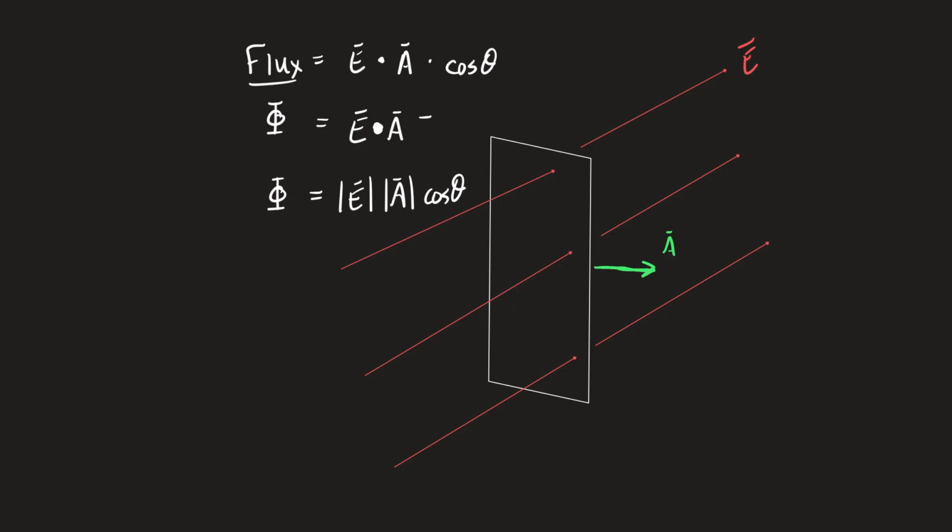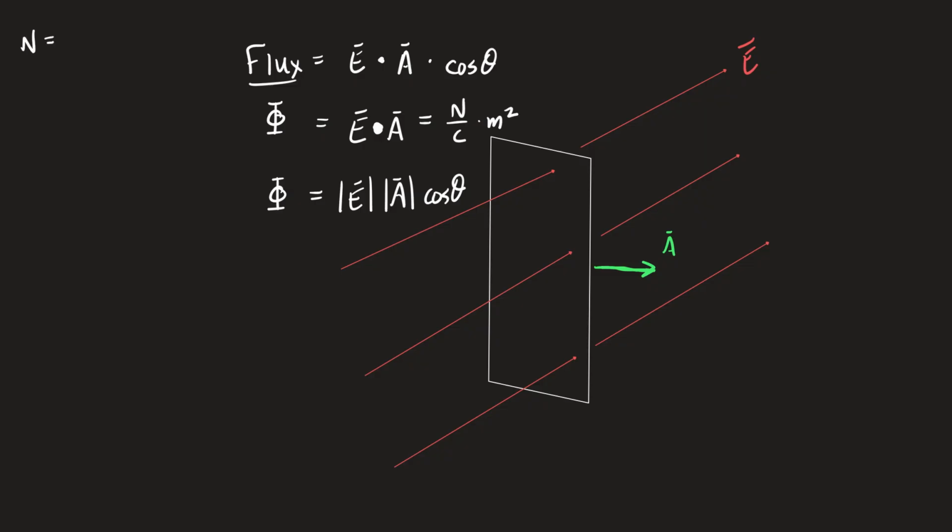And the units, and this is important for us too, since we're dealing with an electric field, that's newtons per coulomb, and we're dealing with an area, so that's meters squared. So the unit for flux is newtons per coulomb meter squared. It's nothing pretty. It's kind of a pain. If you remember that a newton has a lot inside it too, you'll realize this is a very complex unit.